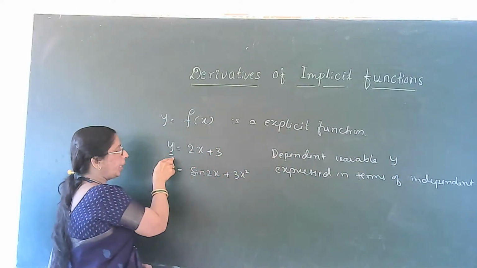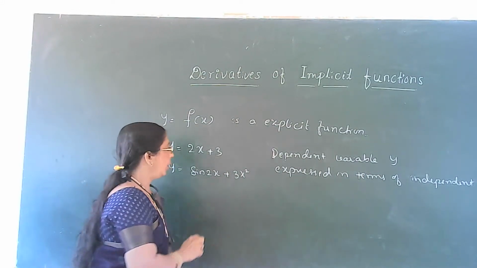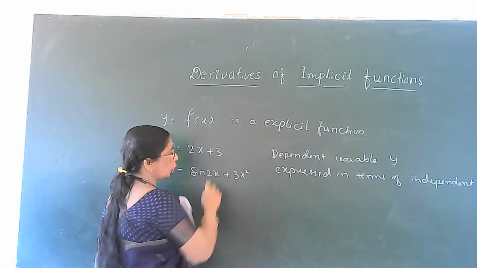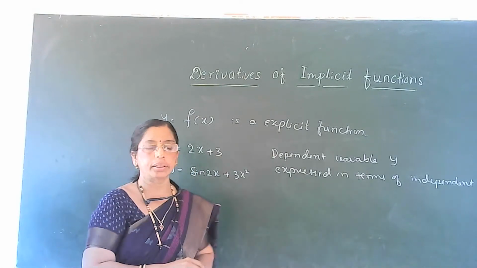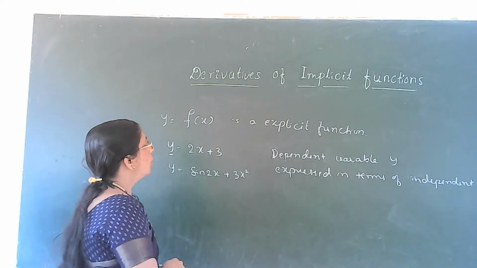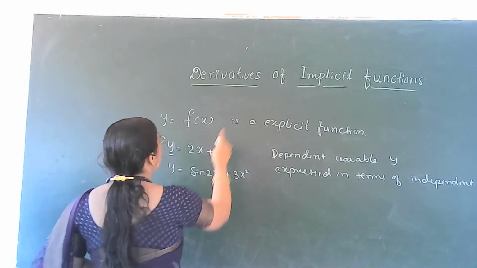Here y is the dependent variable, x is the independent variable, and y is expressed in terms of x. Therefore, this function is called an explicit function. We already know how to find the derivative of these functions.